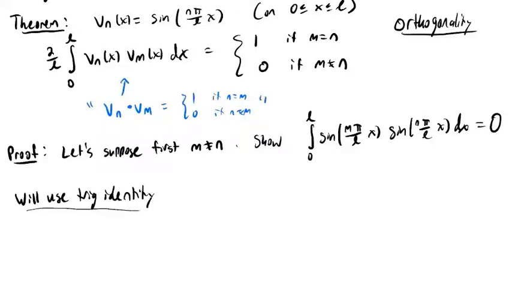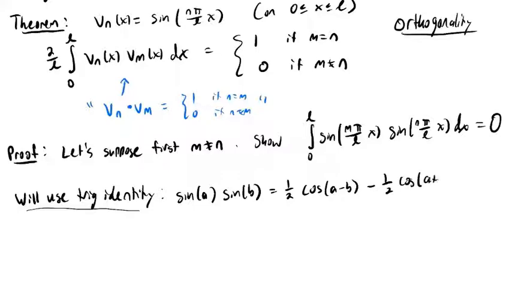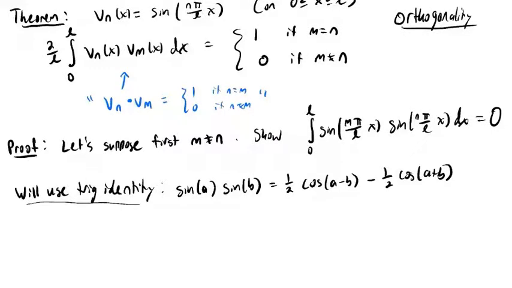The trig identity is, if I look at the sine of some number a times the sine of some other number b, this is always equal to 1/2 cosine of a minus b minus 1/2 cosine of a plus b. A lot of people may not have seen this identity before, so let me briefly review where it comes from.